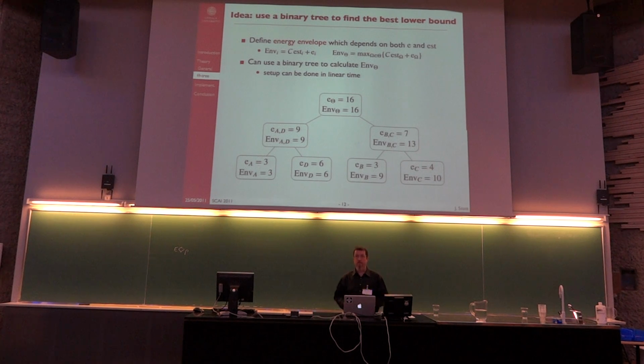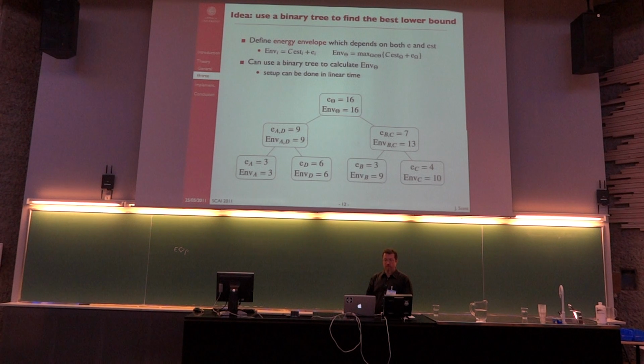The interior nodes of the tree then calculate values for the sets of tasks in their own subtree. And the values that we compute are the energy, which is just the sum of the energy of the individual tasks, and the energy envelope, which depends on both the energy of the set and also the earliest start time of the set.